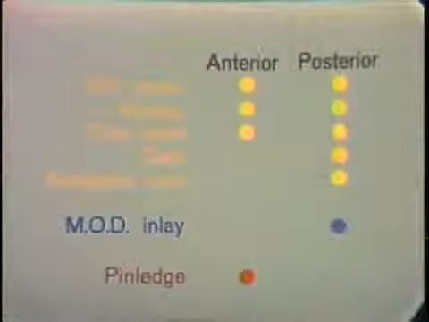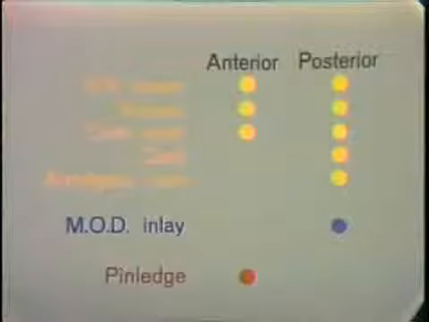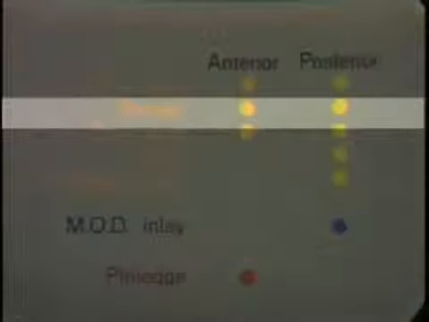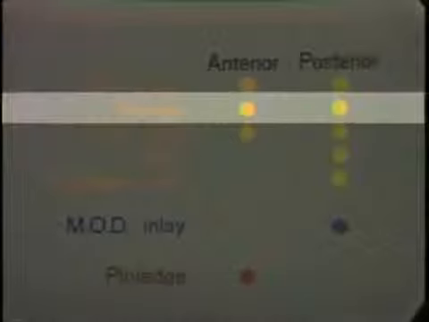Just to summarize the total presentation now, we go back to this diagram which you saw at the beginning. Bridge retainers used, 3/4 crown used both anteriorly and posteriorly. The veneer crown, which is used again on both anterior and posterior teeth. This is the crown with the aesthetic facing, used where aesthetics are important.